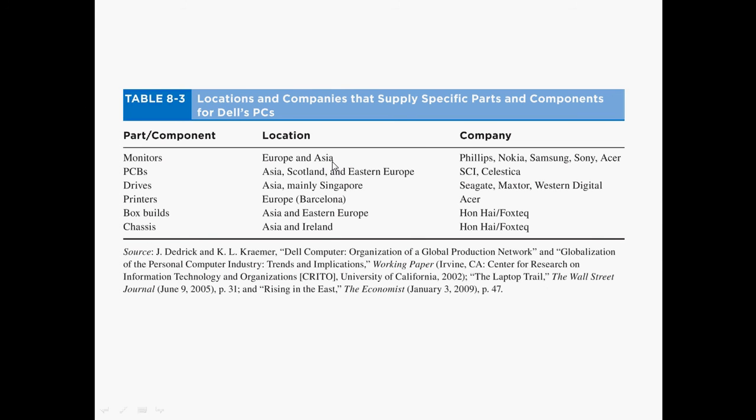Where do they get it from? Well, this is pretty general, but they buy it from a bunch of different companies in Europe and Asia. They buy these from Asia, Singapore, from Europe, from Asia and Eastern Europe. This is a Dell computer. Parts are coming from all over the world. So certain European countries are specializing in it. A lot of it's coming from Asia.